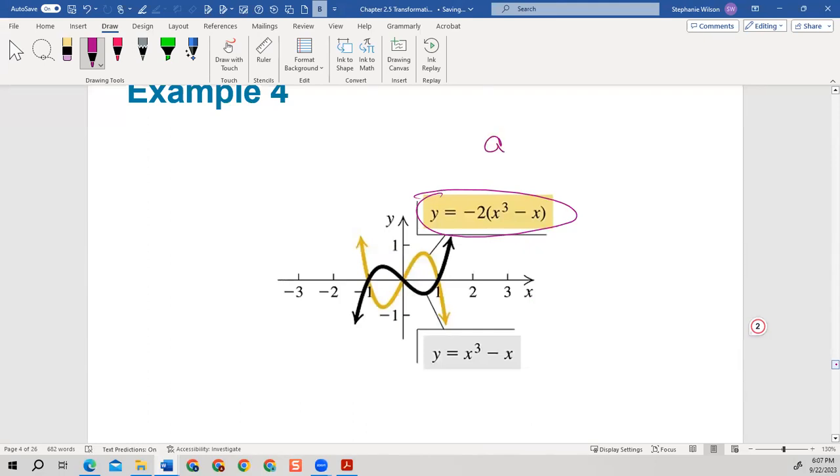So the absolute value of A is 2, and I have this negative going on. That means I'm going to flip my function on the graph, and it became a reflection about the x-axis. I plotted y equals x cubed minus x, which is this black one. The 2 gave me higher peaks and valleys on the function we're applying it to, and then it flipped it because of the negative sign.